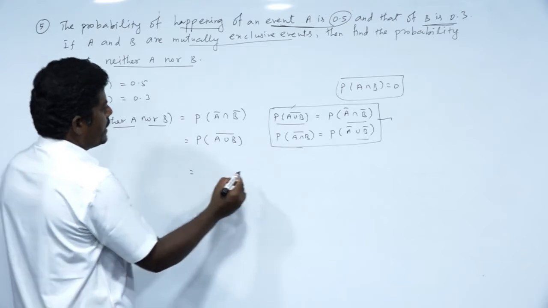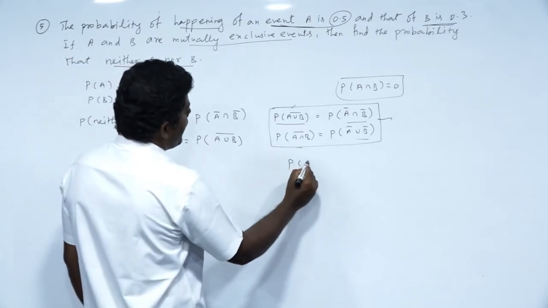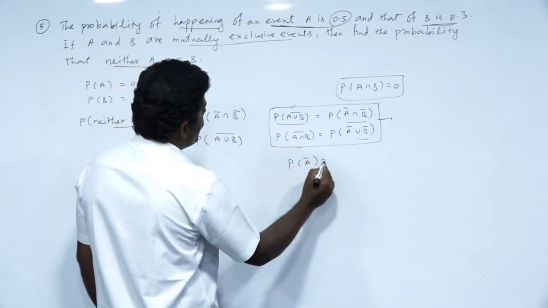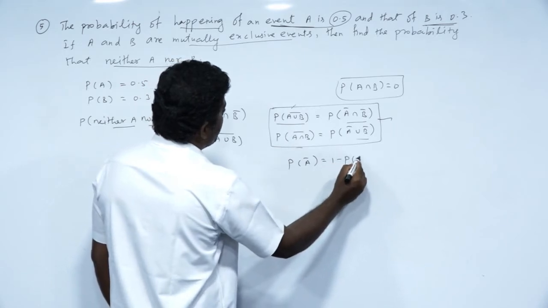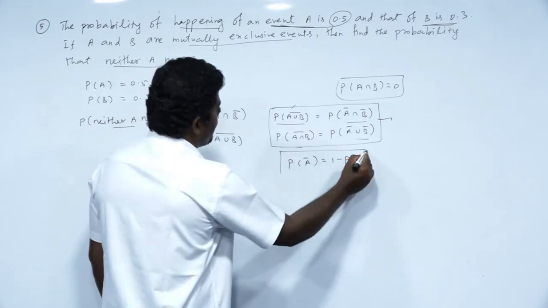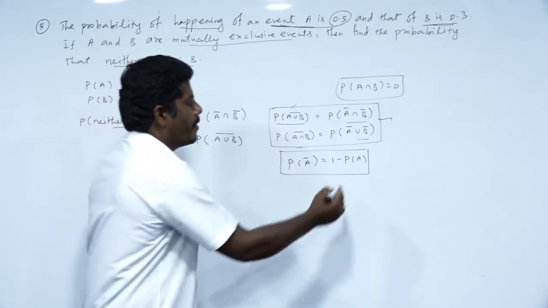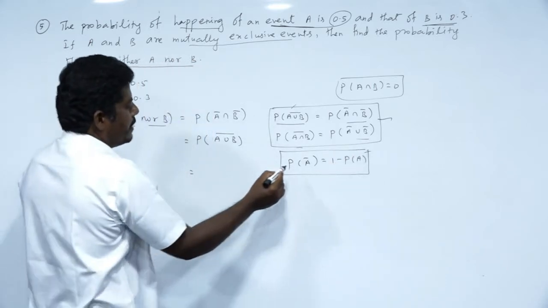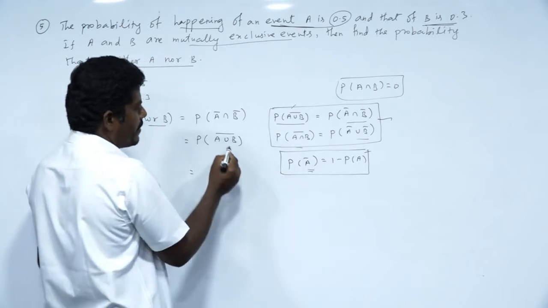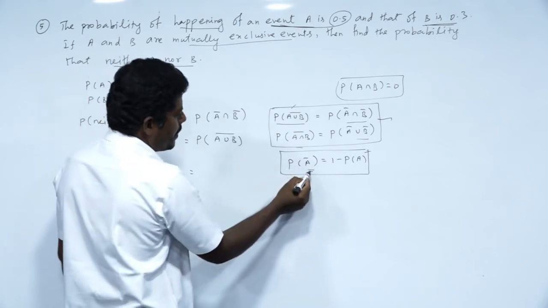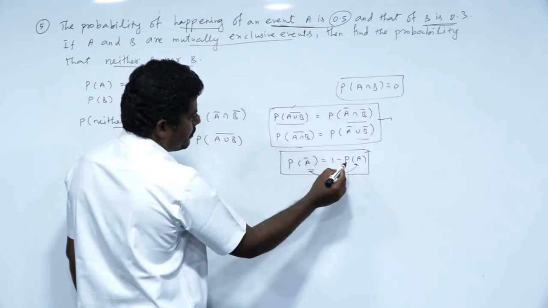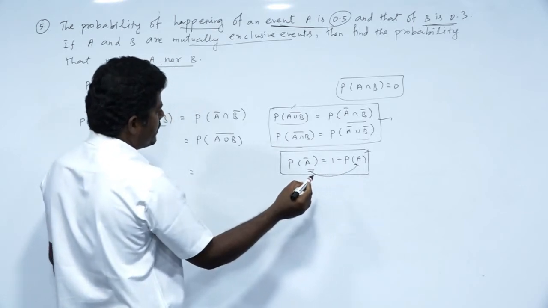Now we know that probability of A bar is equal to 1 minus probability of A. Here in this A bar place we have A union B. Here A bar means here you want to write A, my dear students.